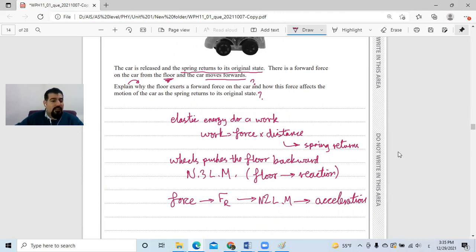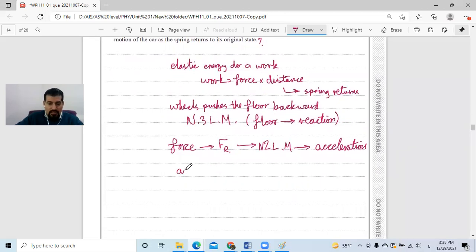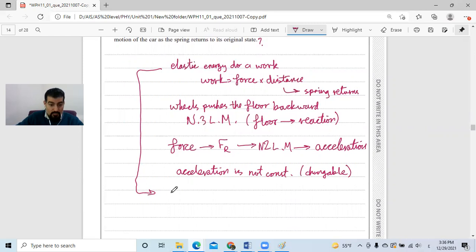Is this acceleration constant or changeable? Yes, bravo. So this acceleration is not constant, it is changeable, and also some of this energy is wasted.